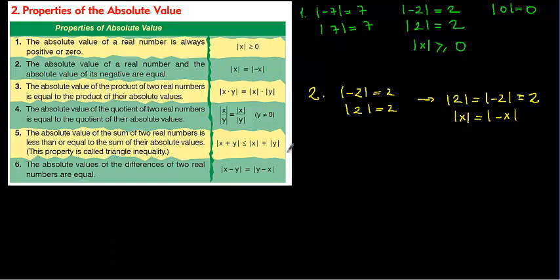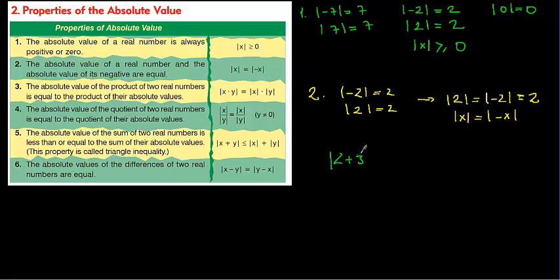This is also called the triangle inequality. Always the absolute value of the sum of two numbers is less than or equal to the sum of the absolute values of the terms individually. Here I can use this exercise.